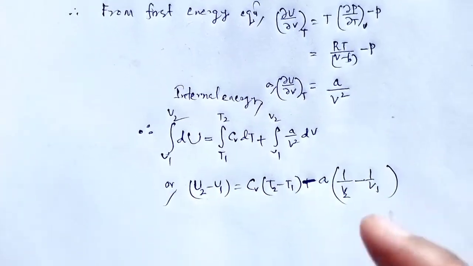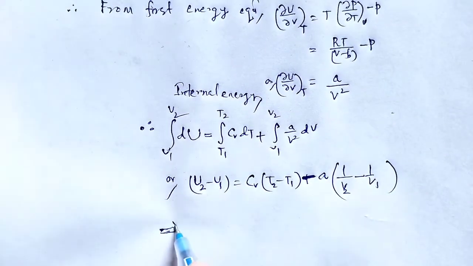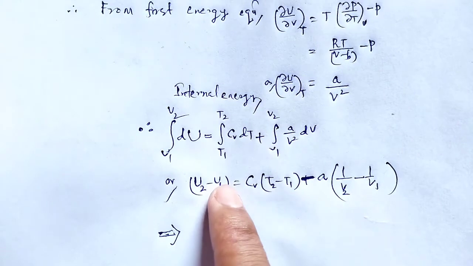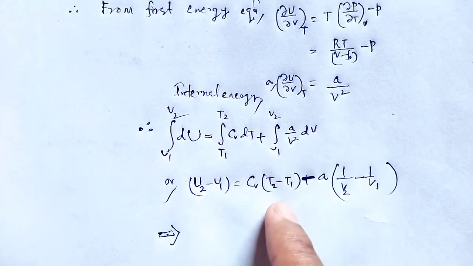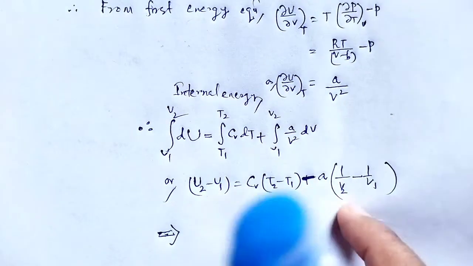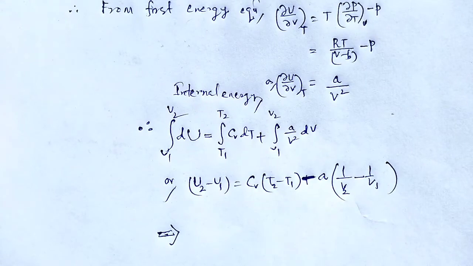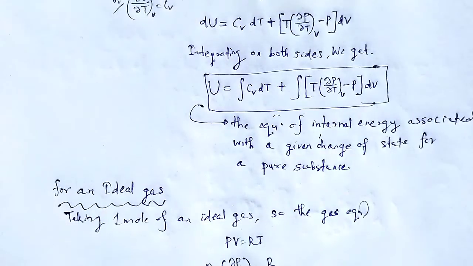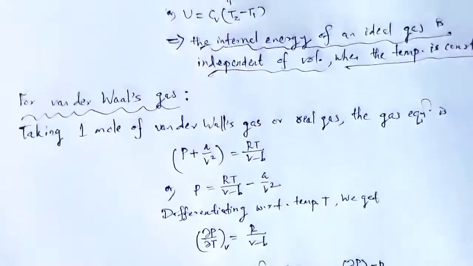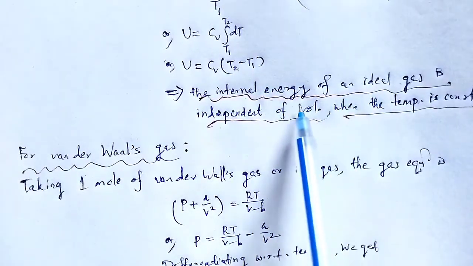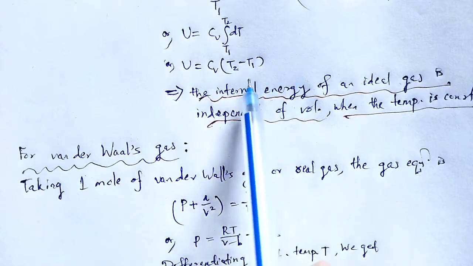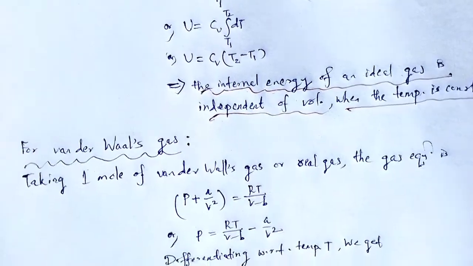Look at that equation: the change in internal energy depends upon temperature and volume, but not pressure. But for an ideal gas it is independent of volume, with only the temperature term.